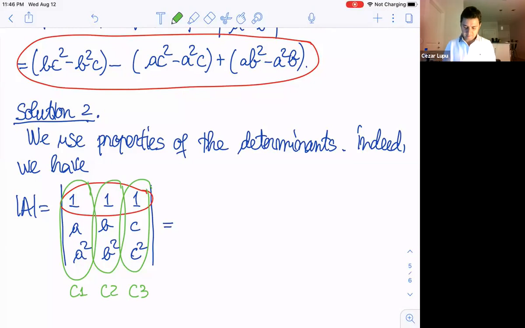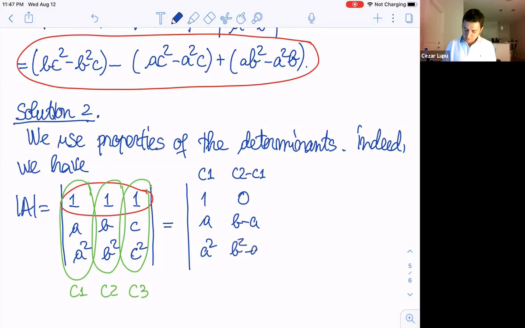And now we're going to do the following. I'm going to keep the same column here: 1, A, A squared. So this will be column 1. And now in column 2, I'm going to take column 2 and subtract column 1. So 1 minus 1 will be 0, B minus A, B squared minus A squared.